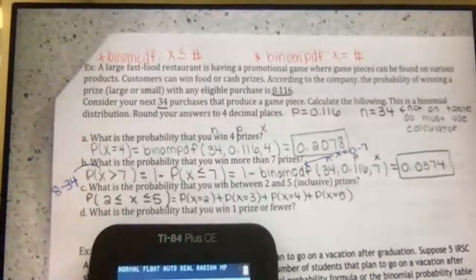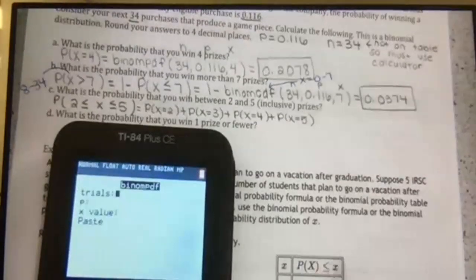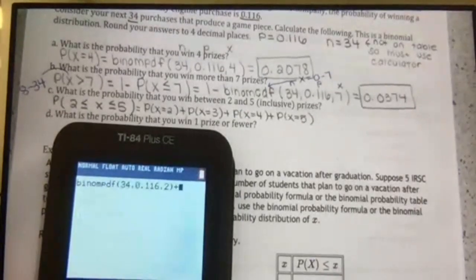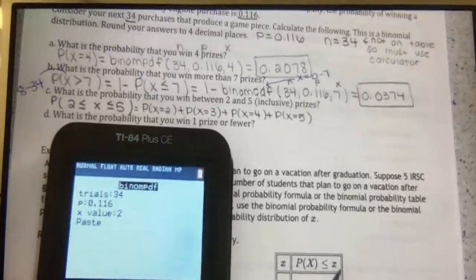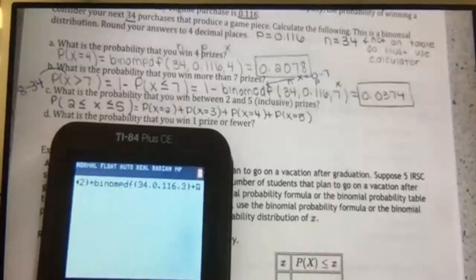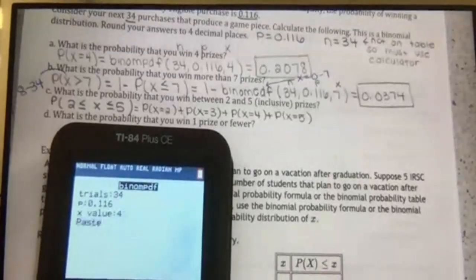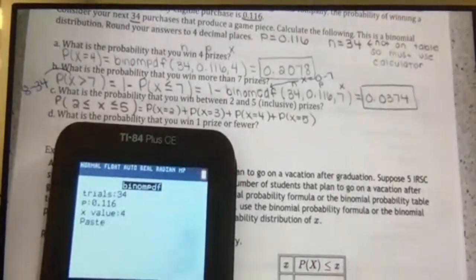So we're going to do second bars, binomial PDF. Oops, wrong button. We said we had 34 trials, P is 0.116 when x is 2. Paste. Plus second bars, binomial PDF. Everything stays the same, 34 trials, P is 0.116 when x is 3. Paste. Plus second bars when x is 4. Binomial PDF when x is 4. Paste. Plus second bars, binomial PDF when x is 5.